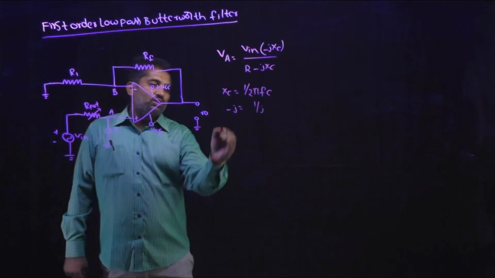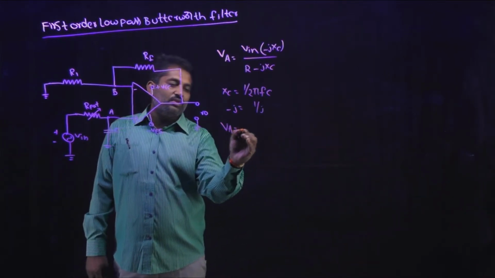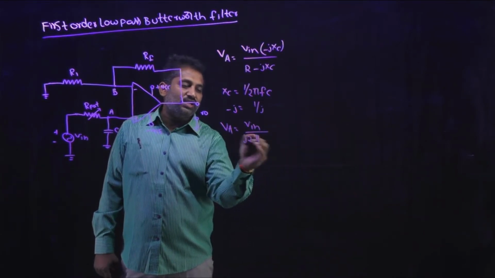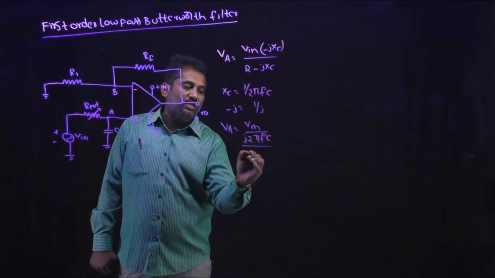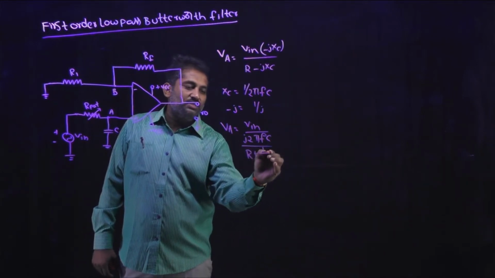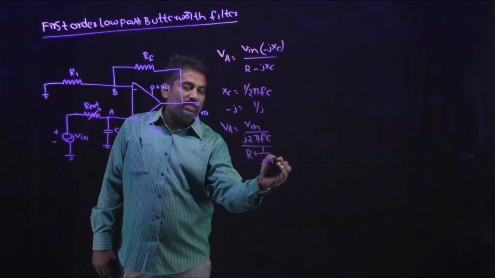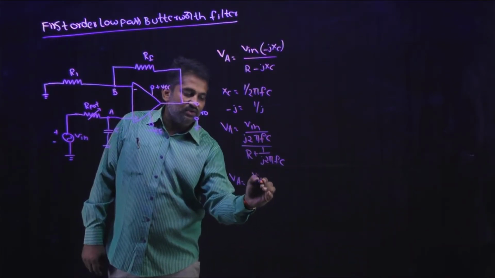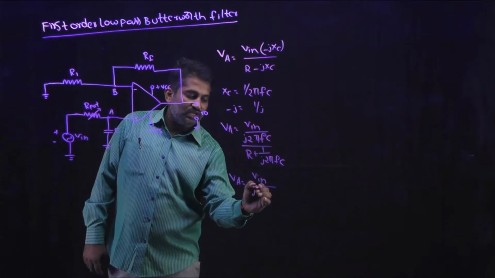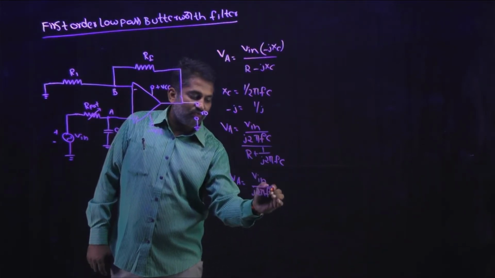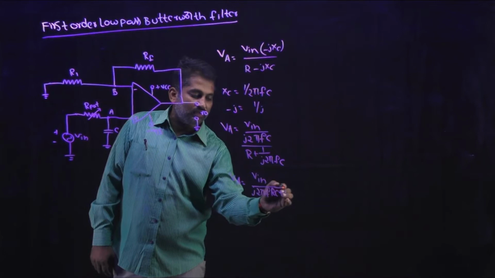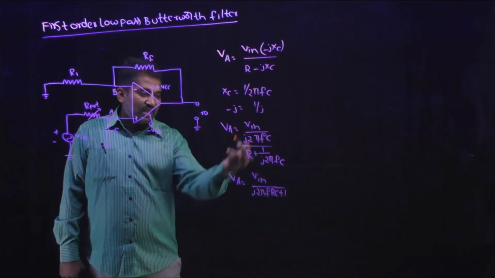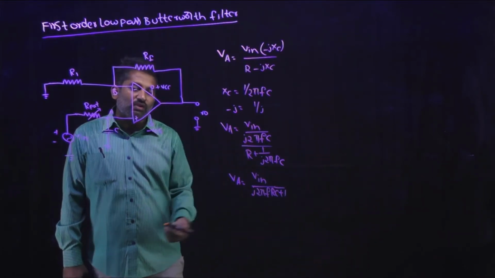So the equation becomes VA equal to Vin times 1 by j 2 pi F C, divided by R plus 1 by j 2 pi F C. From this, VA will be represented as Vin divided by j 2 pi F R C plus 1, all divided by j 2 pi F C. In the numerator also we have j 2 pi F C, so both will be cancelled.